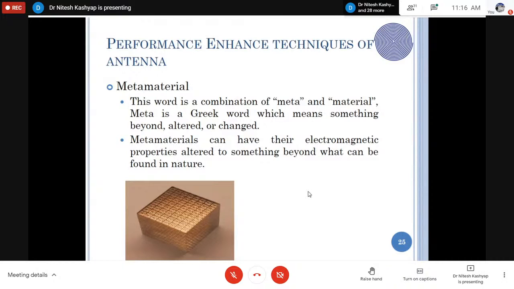There are two properties, epsilon and mu, the electrical properties of the material that we use to design an antenna. In nature we find positive mu and epsilon. So to design a metamaterial, we alter these properties in such a way that they become negative.